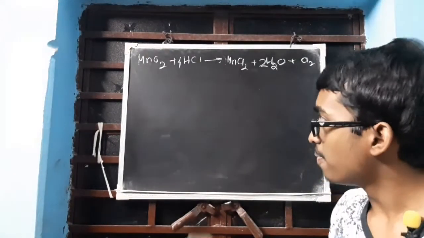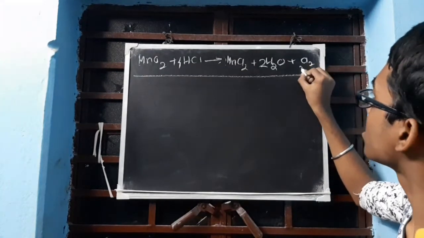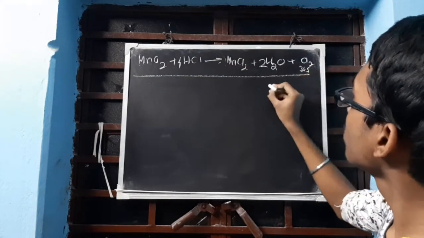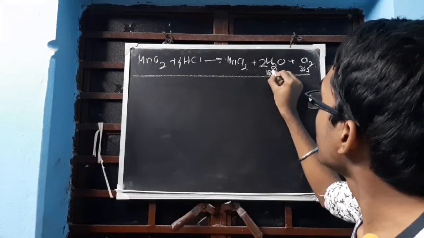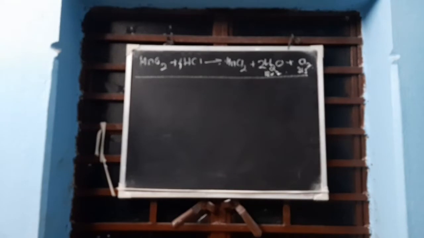Balanced reaction over. Now what are we going to write? We are going to write the individual masses. 35.5. Water is 18, here into 2. Mn, we are going to consider the manganese mass as 55.